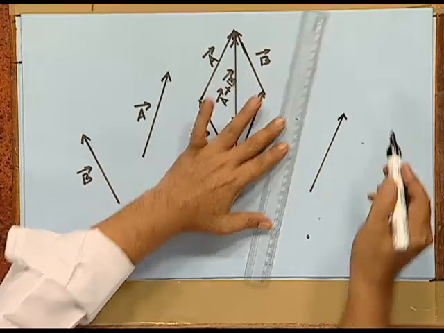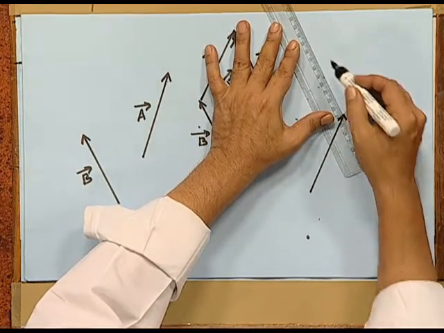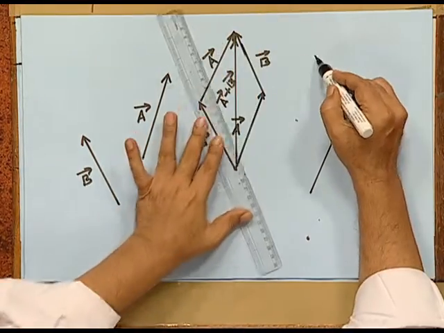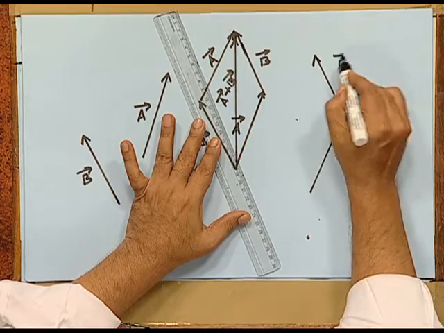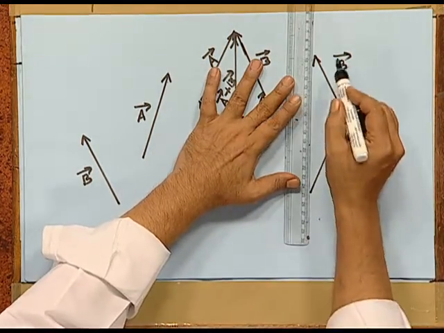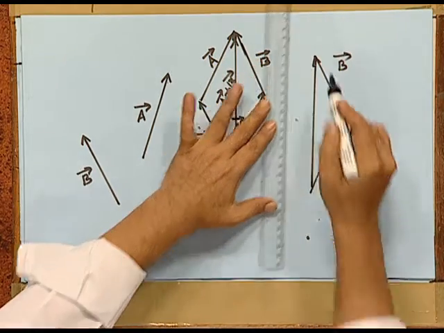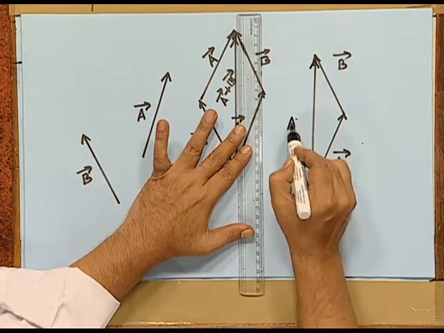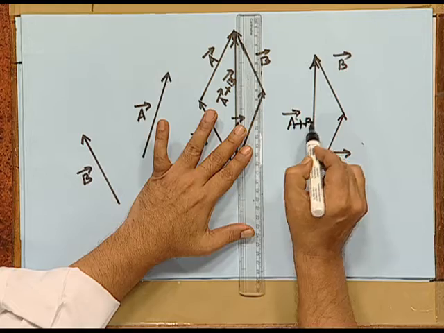You could have done this by the triangular method also. I will just show you how you would have got the same thing by the triangular method. You have this vector A and you have vector B. That is the head-tail method. Then you have this vector A plus B. So, whether it is by the triangular method or by the parallelogram method, you get the same vector.